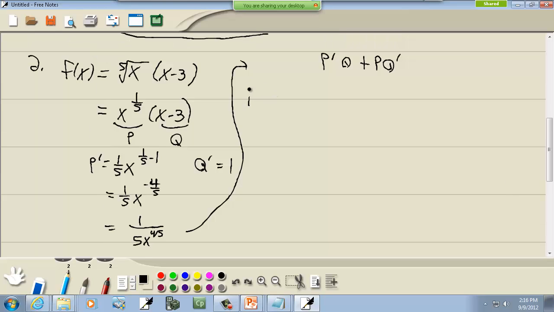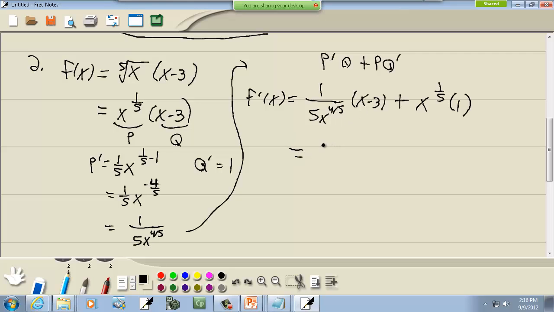So our derivative, f prime of x: p prime we said was 1 over 5x to the 4/5, times q, which was x minus 3, plus p, which is x to the 1/5, times q prime, which was 1.